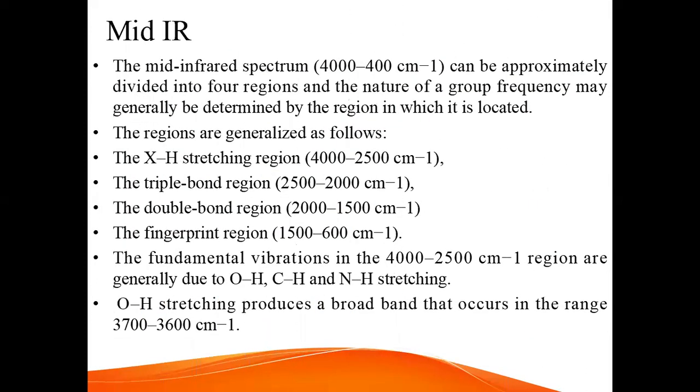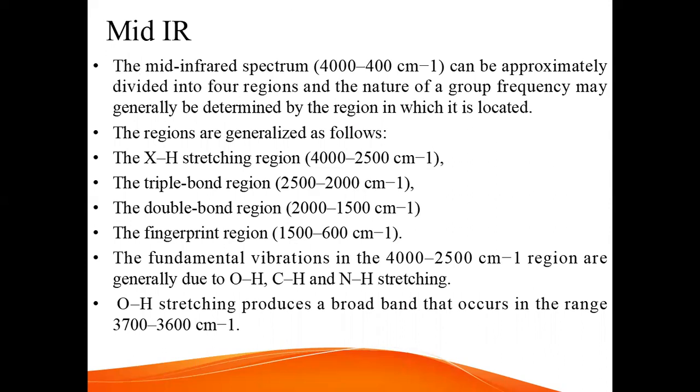Mid-IR. The mid-infrared spectrum lies between 4,000 to 400 per centimeter and can be approximately divided into four regions, and the nature of a group frequency may generally be determined by the region in which it is located. The regions are generalized as follows.